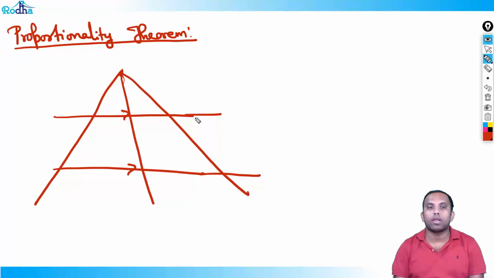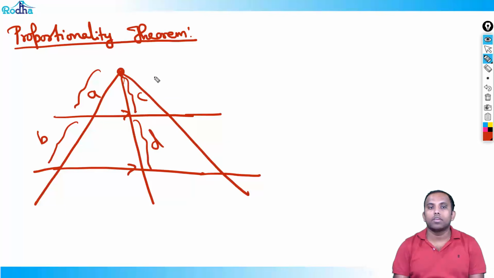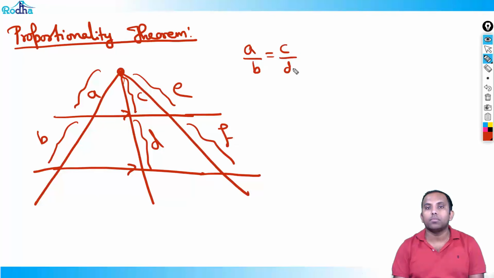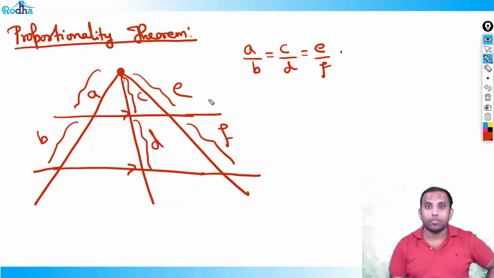The ratio will be the same. This is A and this is B, this is C and this is D, this is E and this is F. So A by B is equal to C by D is equal to E by F. This is the proportionality theorem.